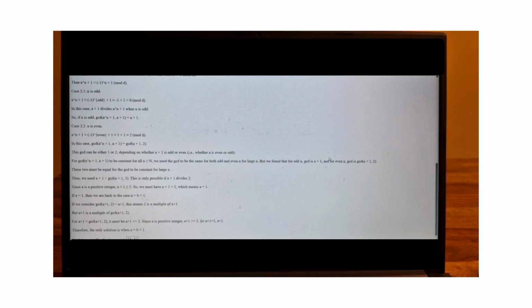If we consider the greatest common divisor of a + 1 and 2 equals a + 1, this means 2 is a multiple of a + 1. For a + 1 to equal the greatest common divisor of a + 1 and 2, it must be that a + 1 is less than or equal to 2.